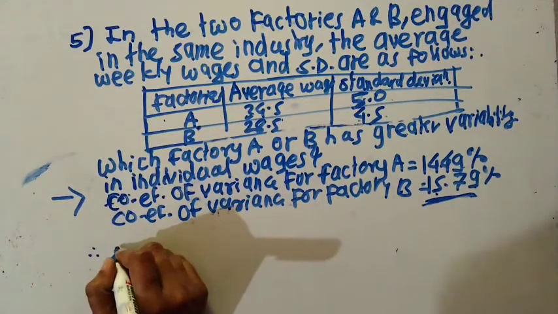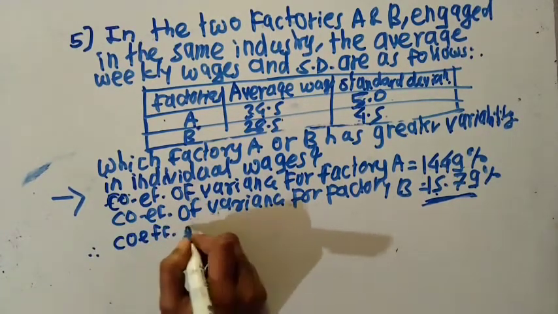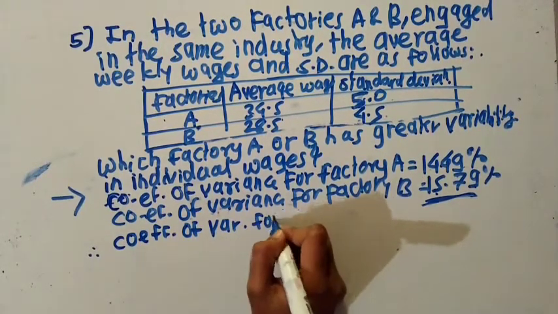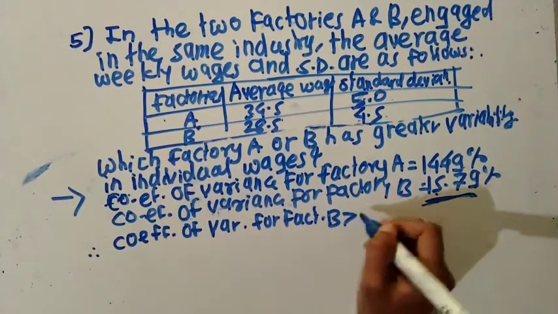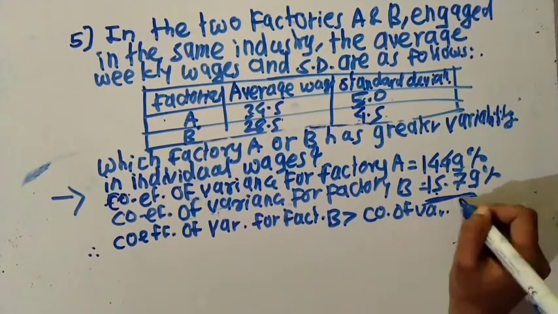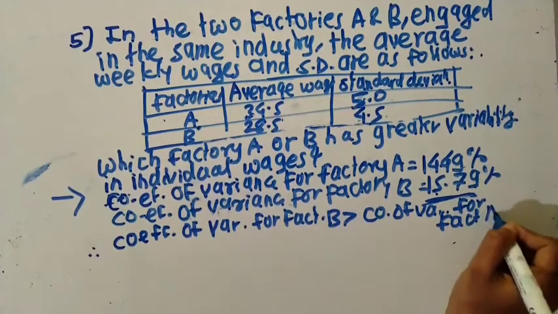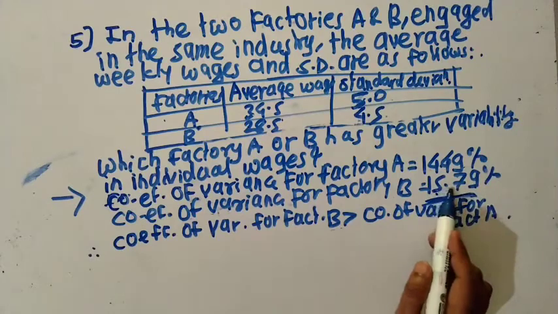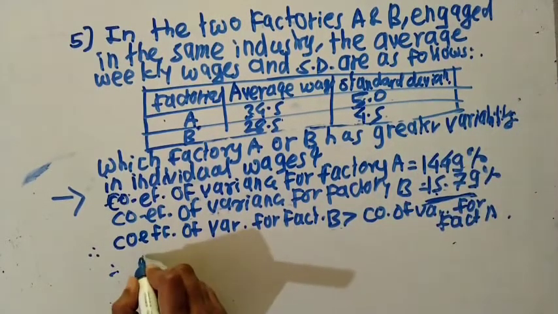Hence the coefficient of variance for factory B is greater than the coefficient of variance for factory A. So the coefficient of variance of B is greatest, so it has greater variability.